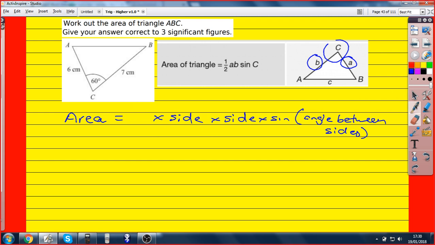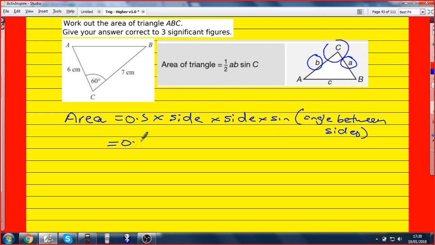Alright, so 0.5 times 7 times 6 times sine. Sine of what? It's just the sine of the angle C.